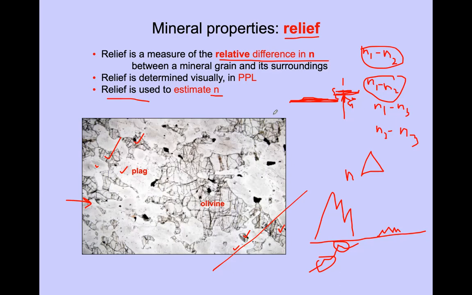When you look it up, the relief will be one such feature, whether high, low, or moderate. Based on that, we can recognize or distinguish the minerals, because some minerals have the same color but a different relief. In that case, you can easily use relief to distinguish those two minerals.